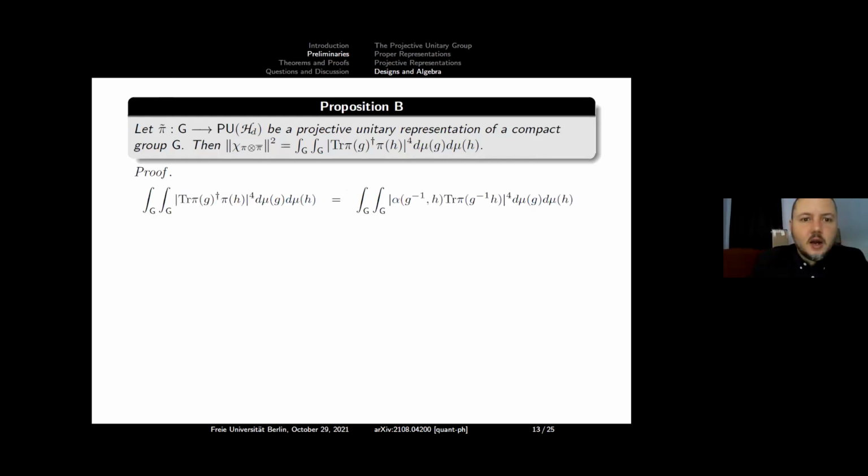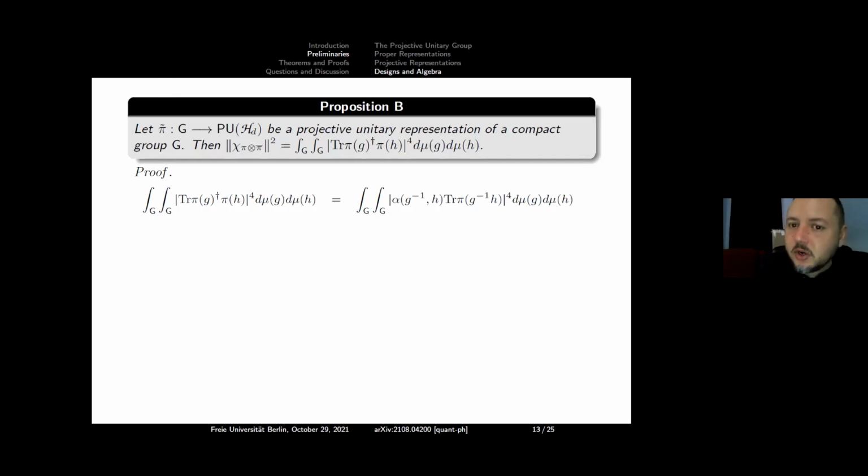First step, I've just written out what that quantity is. I've written down that double Haar integral. Now, for the first equality, I've done 3 things. First, I've applied the group homomorphism property, and then I've applied the fact that we've got a unitary projective rep, so the dagger works like the inverse up to scalars. And then via linearity of the trace, I've pulled out the Schur multiplier.